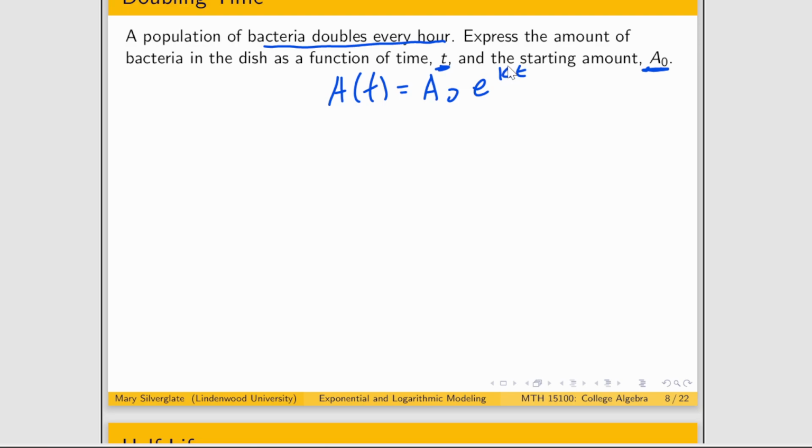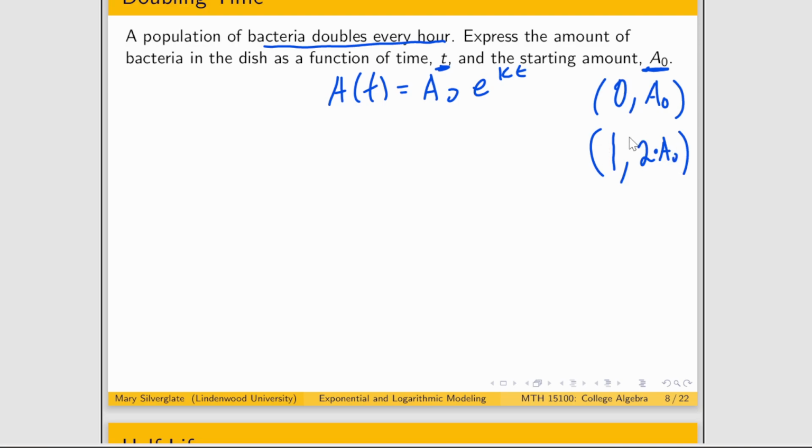I'm allowed to keep that t, but I still need to somehow solve for k. So let's think about what points we have here. When time is 0, how do I represent how much is there? That's that A naught. And after 1 hour, how much do I have? Well, whatever A naught is, I have 2 times that.